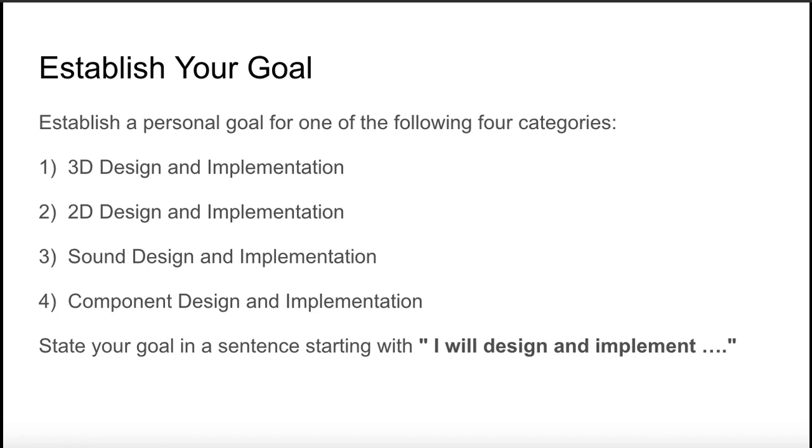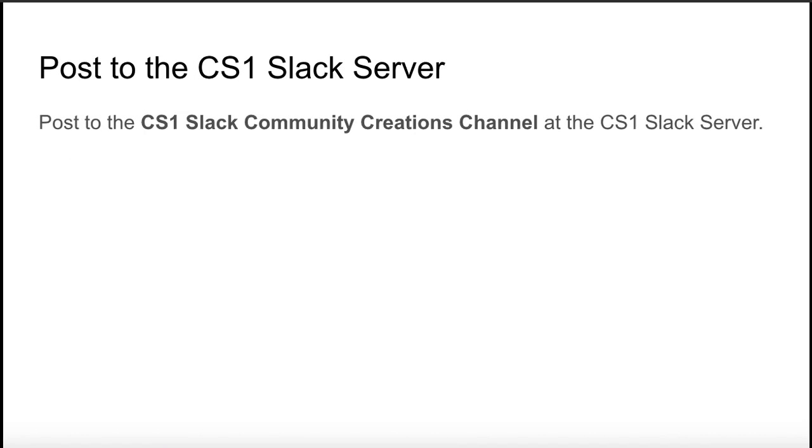Once you have stated your goal, the next thing is you will be making a weekly post to the CS1 Slack server. The CS1 Slack server is where all required weekly posts will be made. You'll be posting specifically to the CS1 Slack Community Creations channel.